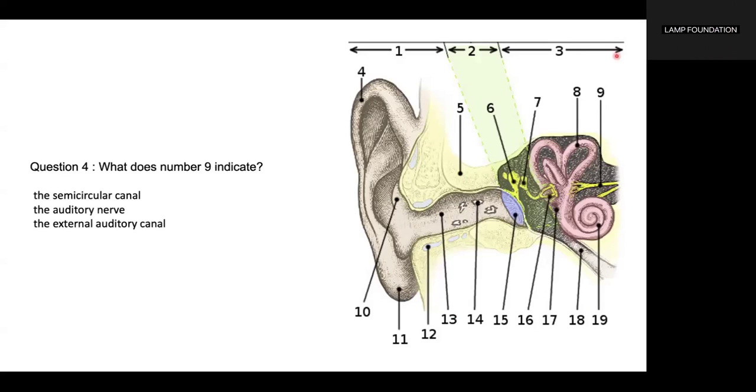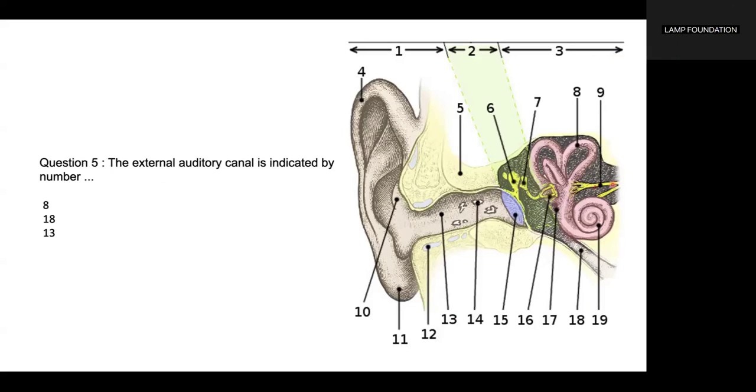Number 9. Auditory nerve. Okay. What number is the external auditory canal? 13. So this one, it is also known as the EAM, external auditory meatus.